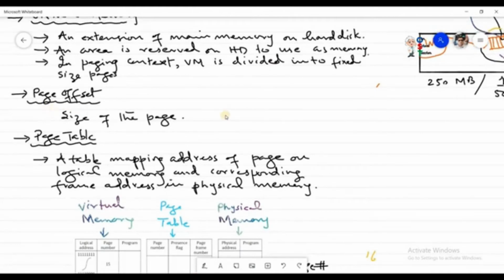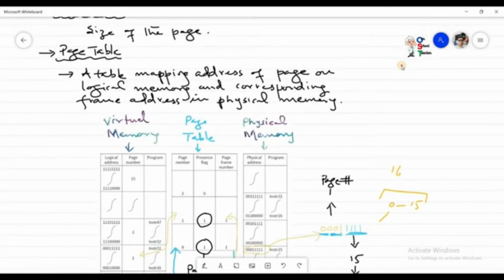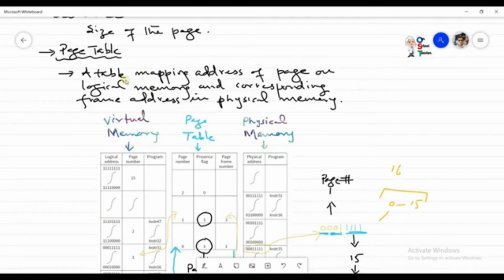What is page offset? Page offset is the size of the page. Then we understood the concept of the page table. A page table is a table in which the mapping of addresses of pages on logical memory and the corresponding frame addresses are stored.